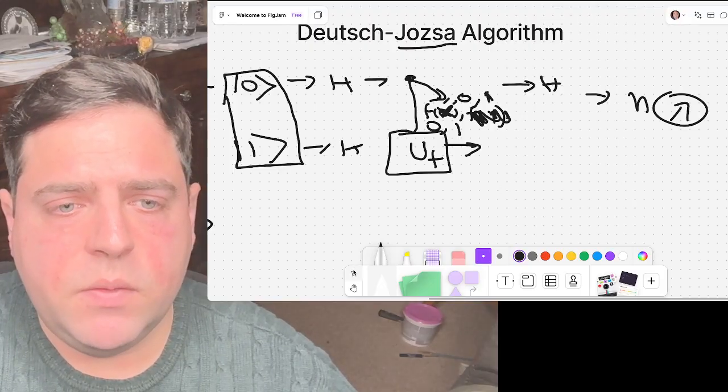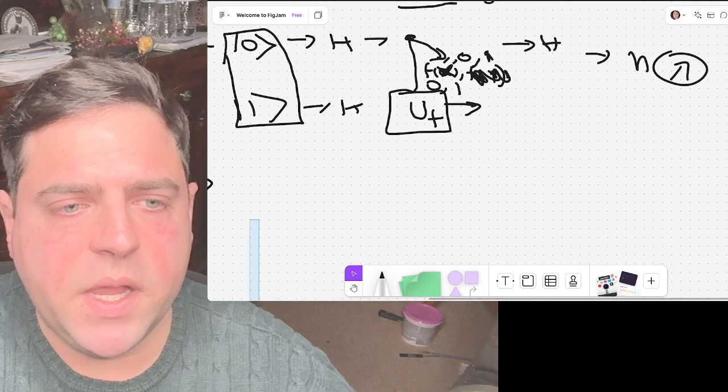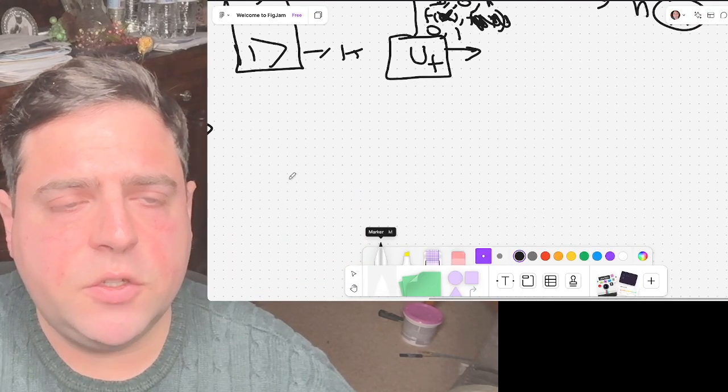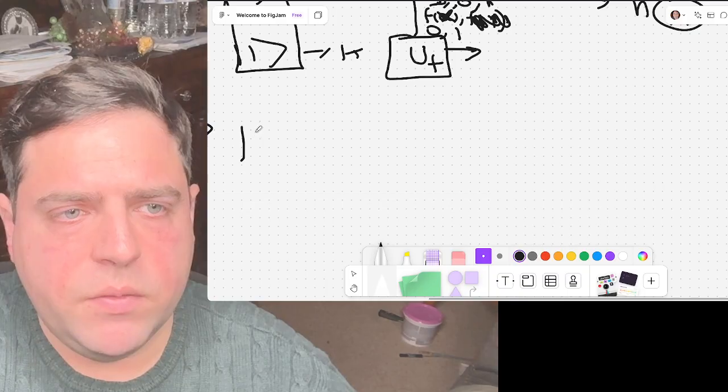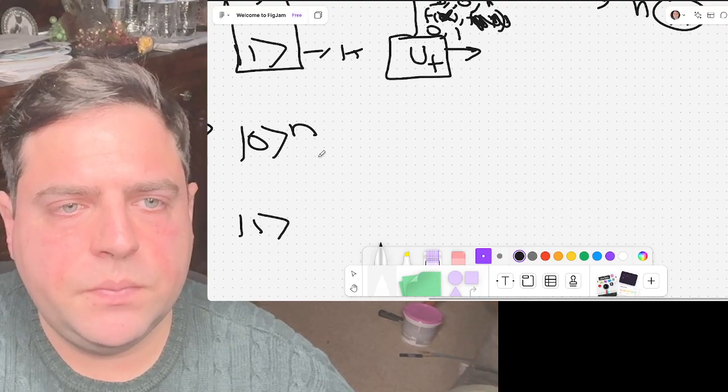How do we do that? Well, let's go through a proof slash workings of the algorithm again with more inputs. So this time we're going to have 0 to the n rather than just 0. This stays the same.